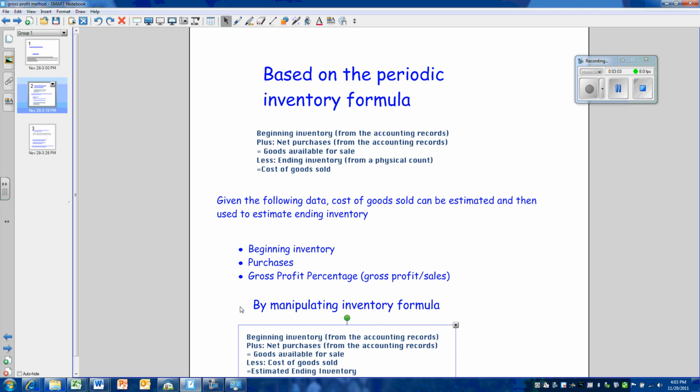We would then add in net purchases, which again would come from the accounting records. We can reconstruct these from third-party sources. Adding the beginning inventory plus the purchases gives us the cost of goods available for sale. We'll then take our estimated cost of goods sold, subtract that from the goods available for sale to come up with the estimated inventory value.